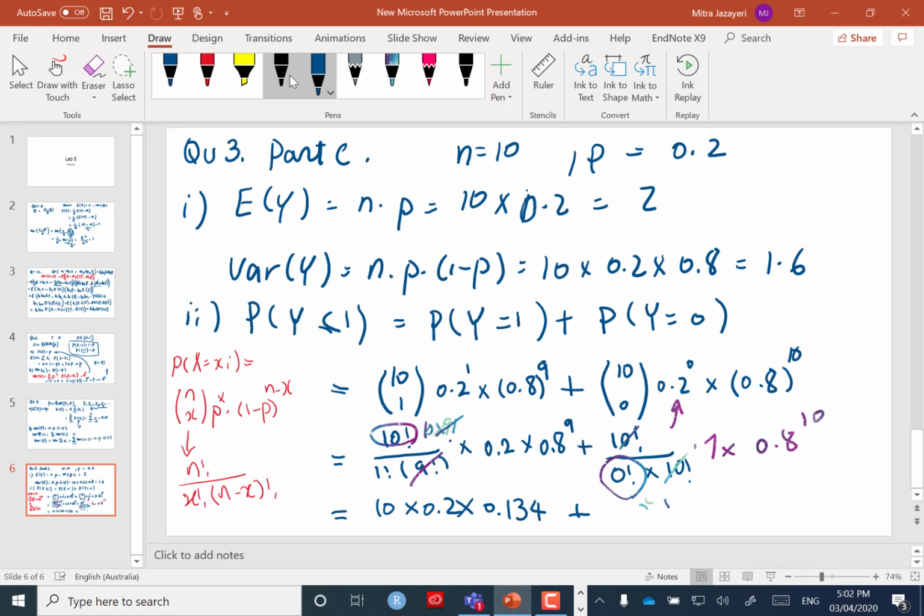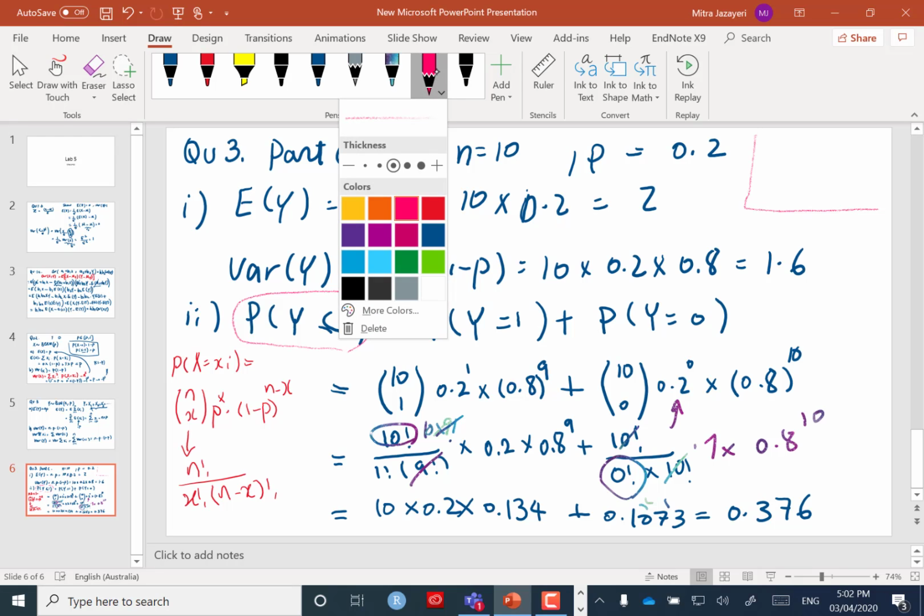If you wanted to do it in R, the probability of Y less than or equal to 1, because we have a binomial distribution, you can just use pbinom.